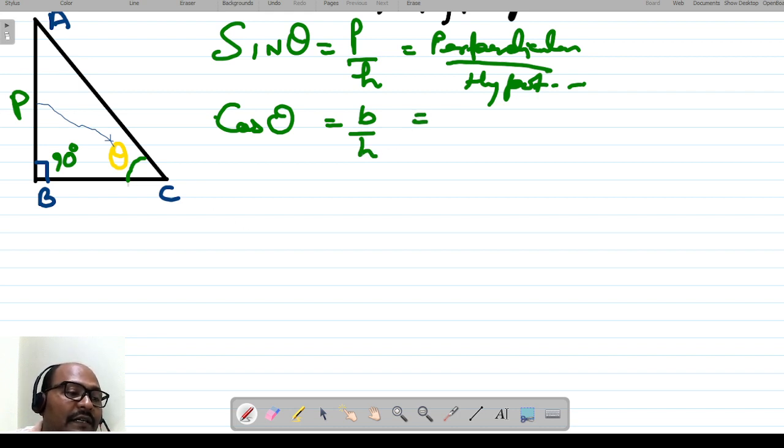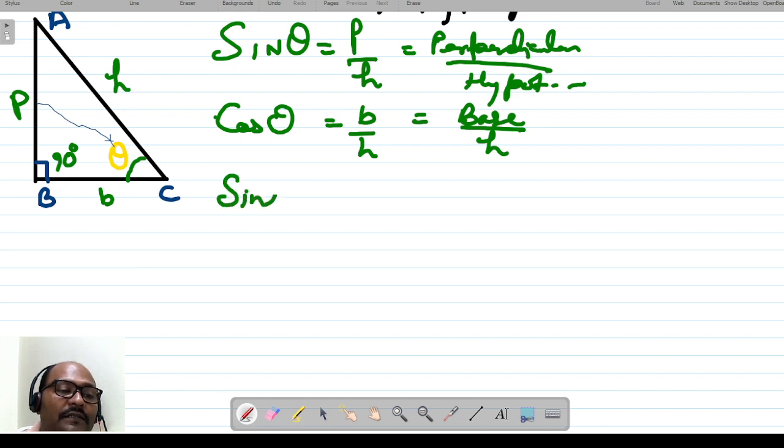Here it's BC. This is base. This AC is hypotenuse, right? The length of hypotenuse AC is equal to H, right? So B by H is cos theta. That means base by H.